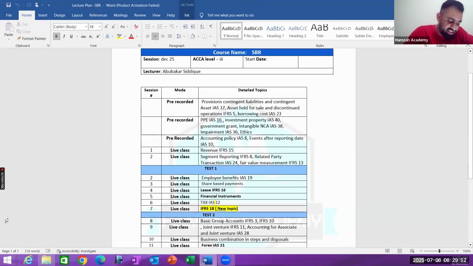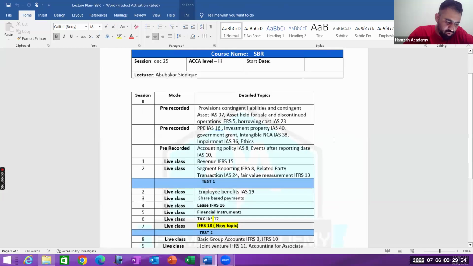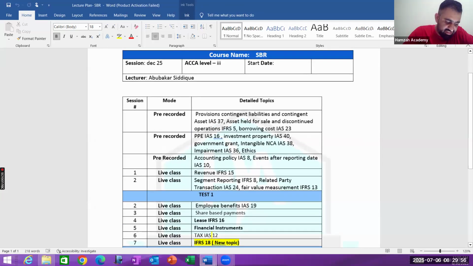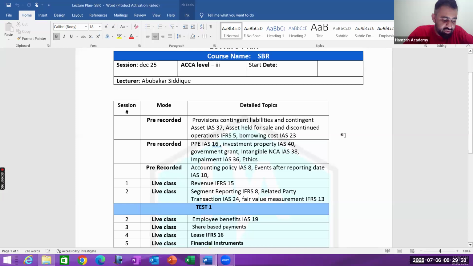So you can see in the course plan, there are some lectures which will be provided on the basis of pre-recording. Those topics include provisions, contingent liabilities and contingent assets, IAS 37, assets held for sale and discontinued operations, IFRS 5, and borrowing costs, IAS 23.